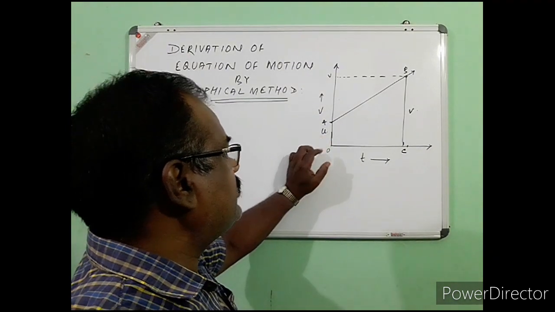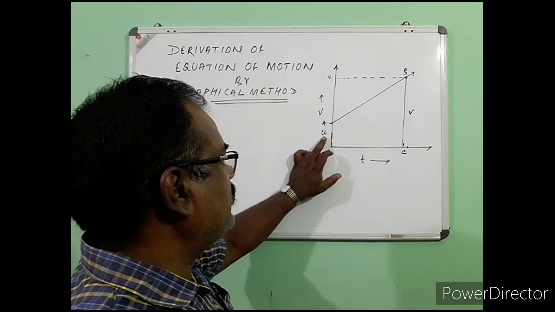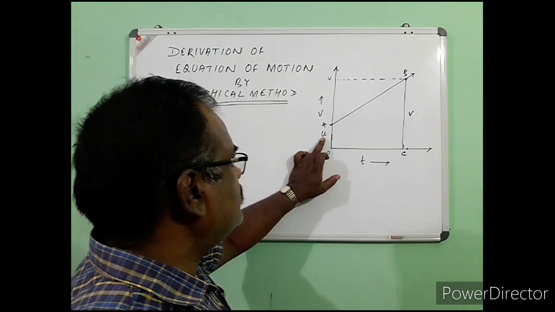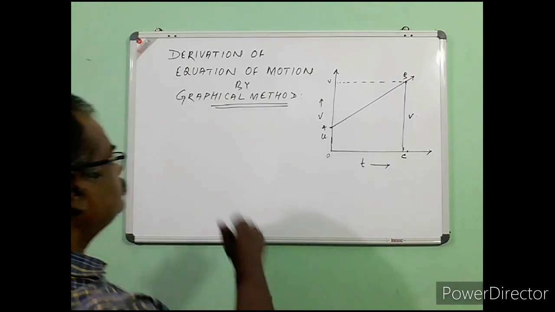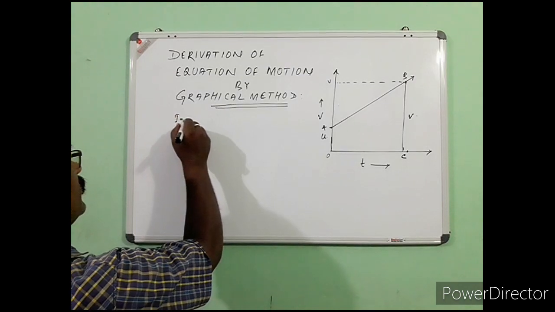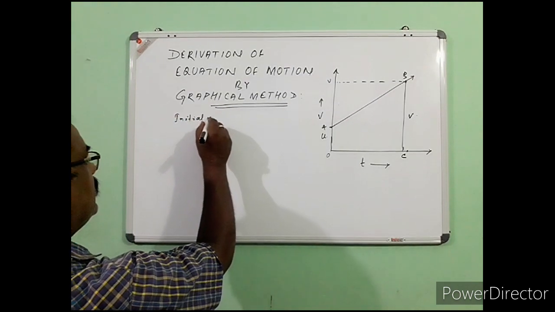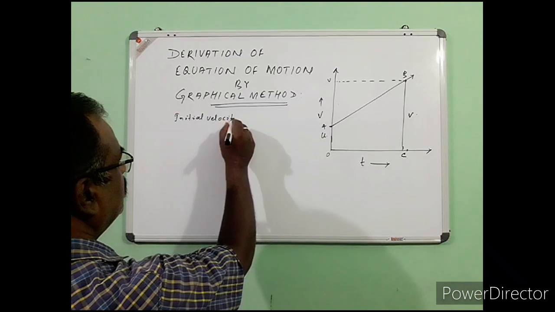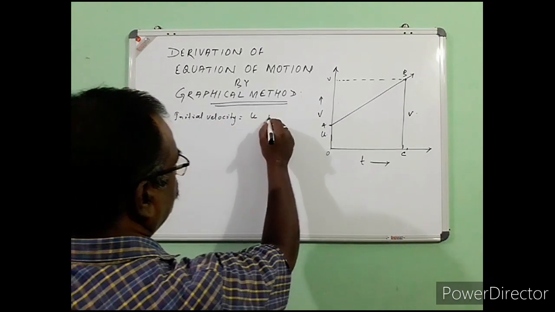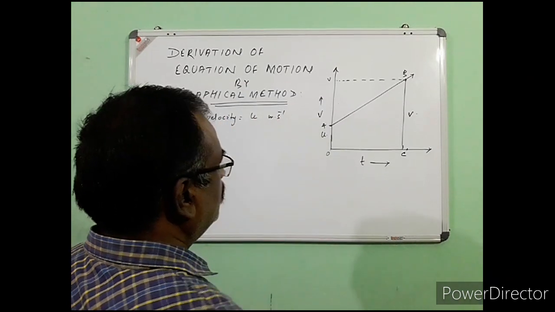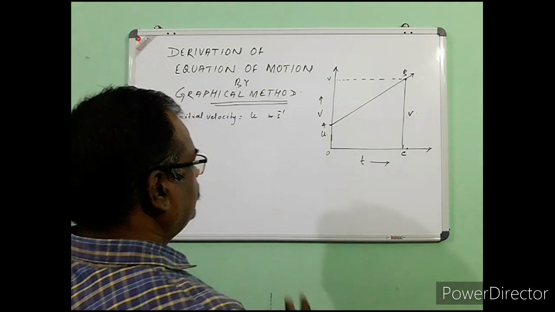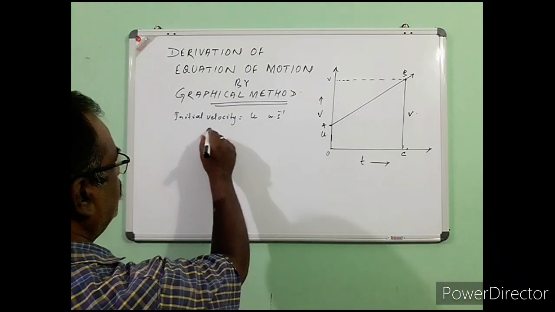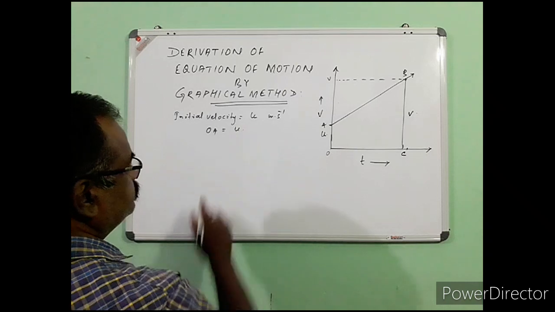So once again, let us consider that the initial velocity of the body is u meter per second. Graphically, that can be represented as OA equal to u.